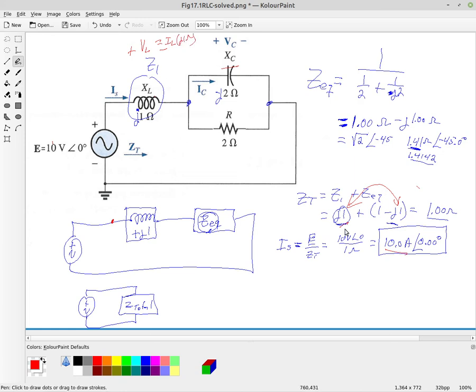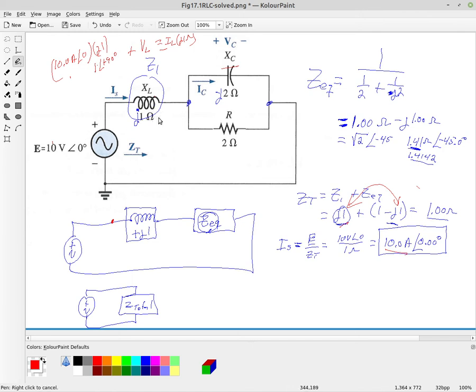So that's going to be 10 amps at angle 0 times J1. J1 would be 1 at an angle of plus 90 degrees.